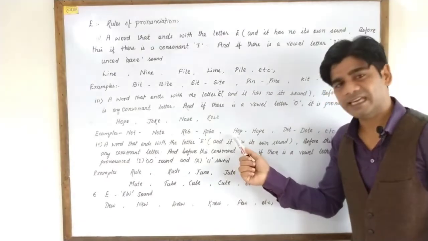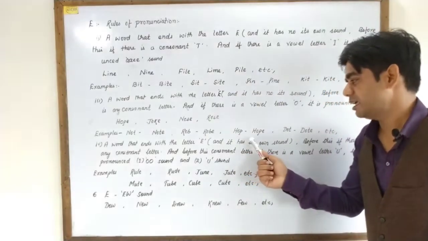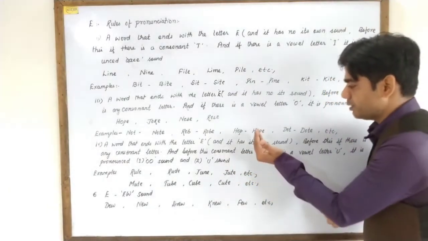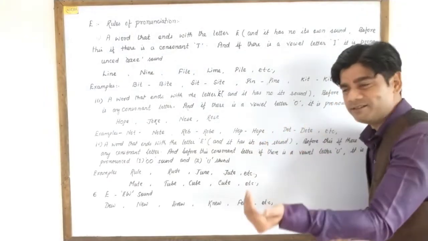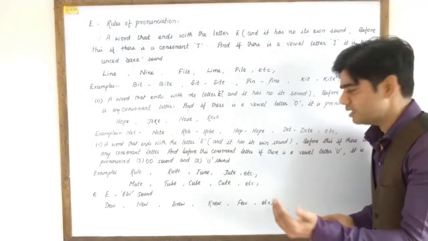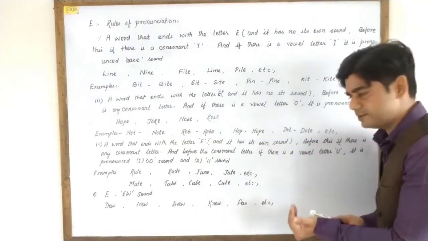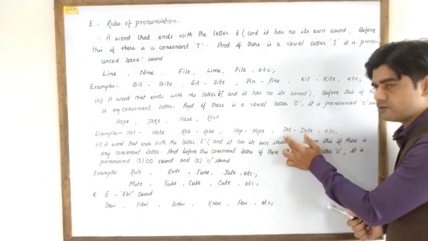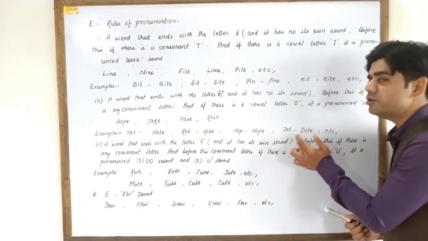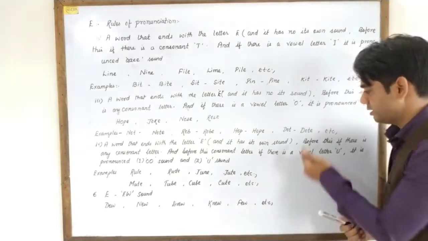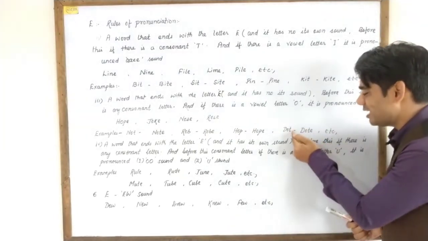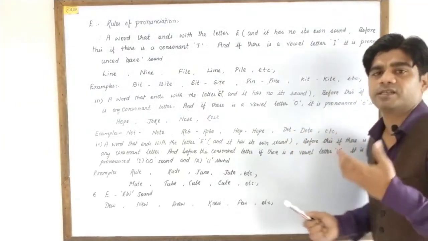One more example. H-O-P, hop. But as you add E, it will not be hoppe, it will be: hope. Now the next one. T-O-T, tot. But adding E at the end of this word, it will be: tote.